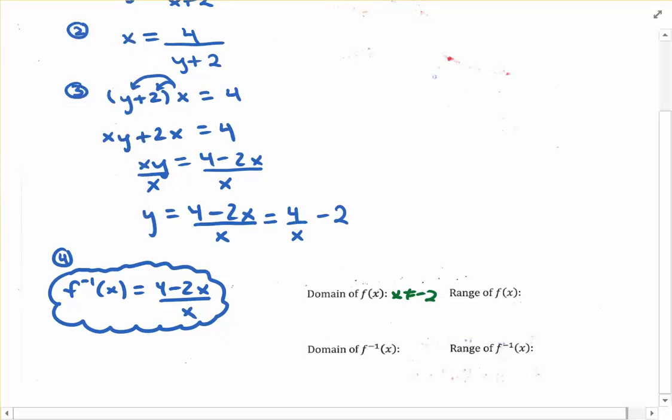So based on the original domain, x cannot equal negative 2, this tells us that the range of the inverse function would have to exclude negative 2 as well. But I'm not going to write it as x cannot equal negative 2 because we're dealing with the range. Instead, I'm going to write it as y cannot equal negative 2.